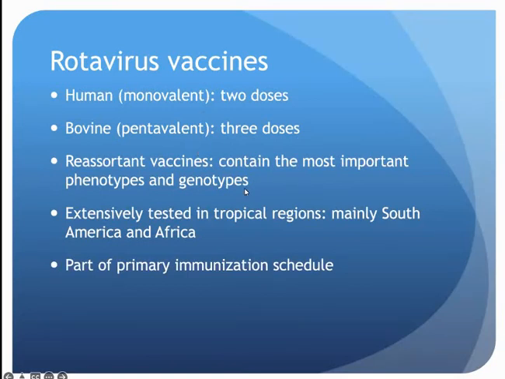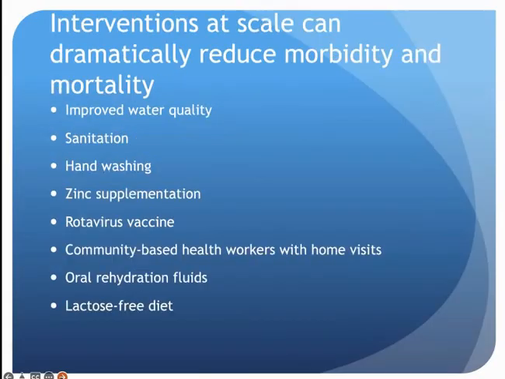They are vaccines which contain the most important phenotypes and genotypes that cause disease, and have been extensively tested in different parts of the world. They have decreased the amount of disease and the amount of morbidity caused by disease enormously.